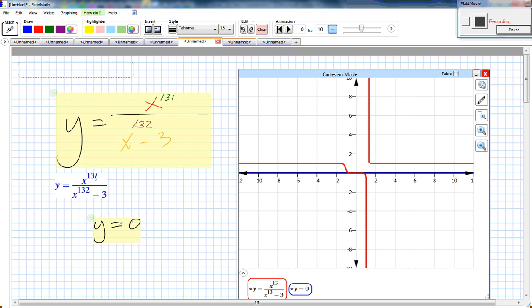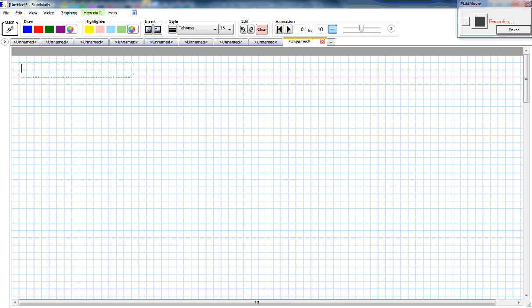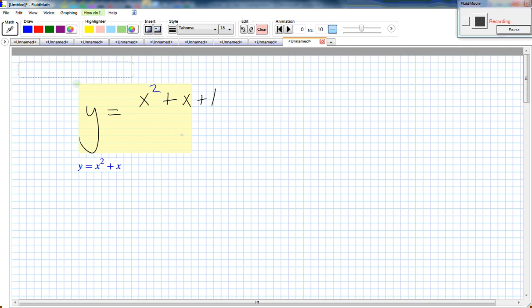I think the one I had is, no, where is it? I'll make another one. So the equation was, what is it? X squared plus x plus 1? Is that what it was? Did I do that right? Or was it 2x? All over x.